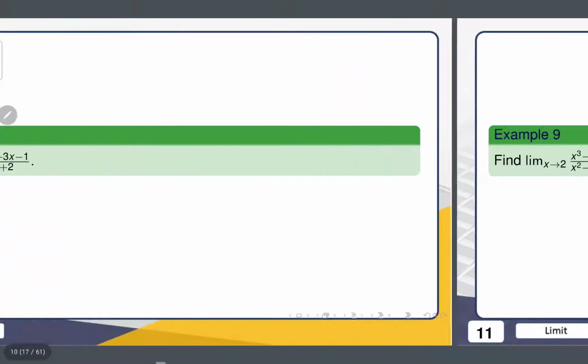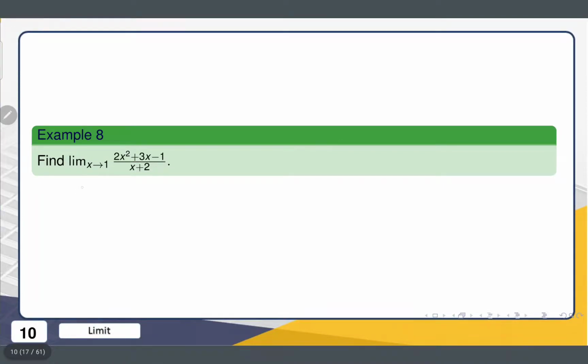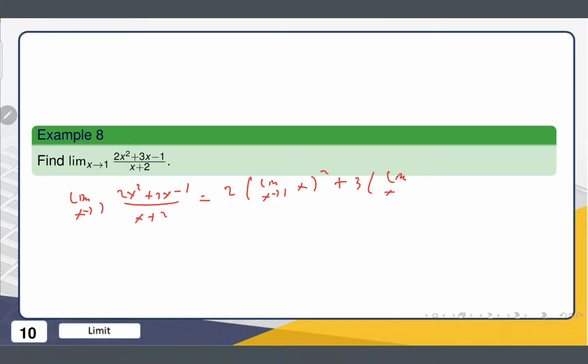And this one is for the division. You also have the same thing, the limit as x approaches 1 of (2x squared + 3x - 1) / (x + 2). We will go a little bit faster. We have 2 times the limit as x approaches 1 of x squared, plus 3 times the limit as x approaches 1 of x, minus the limit as x approaches 1 of 1.